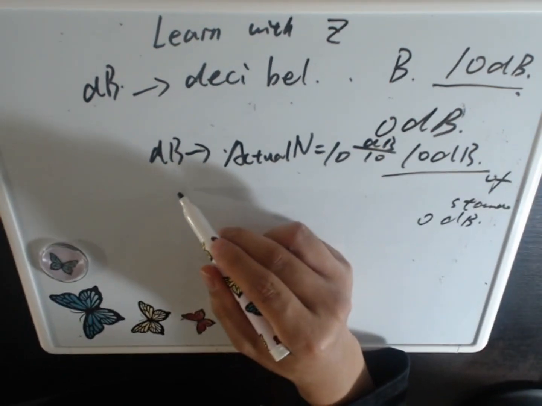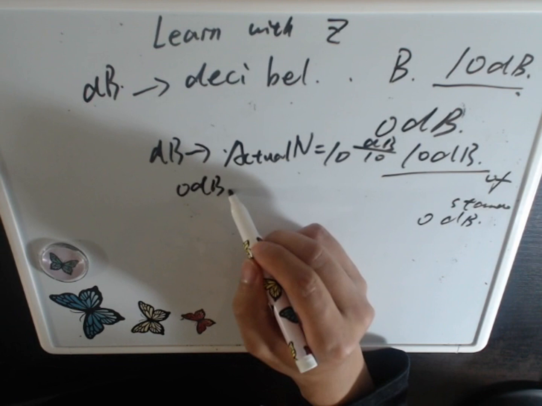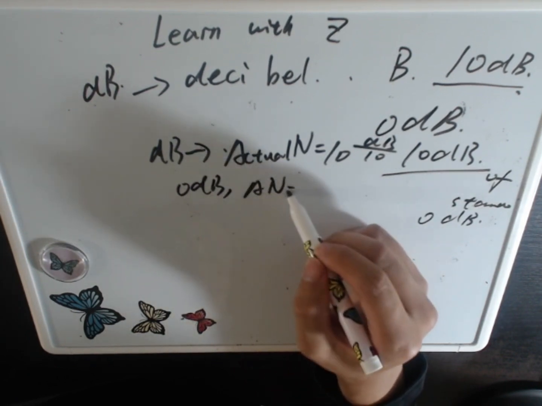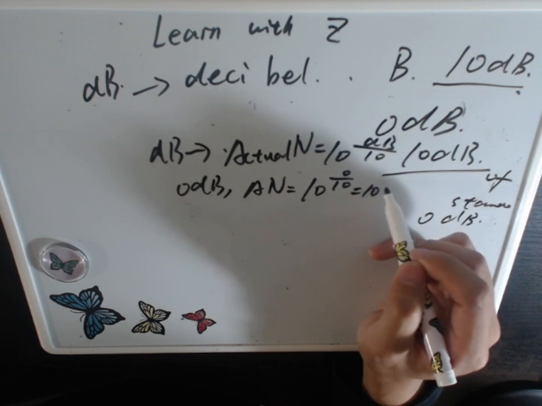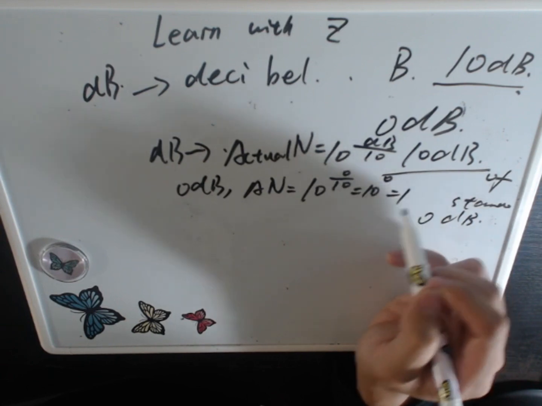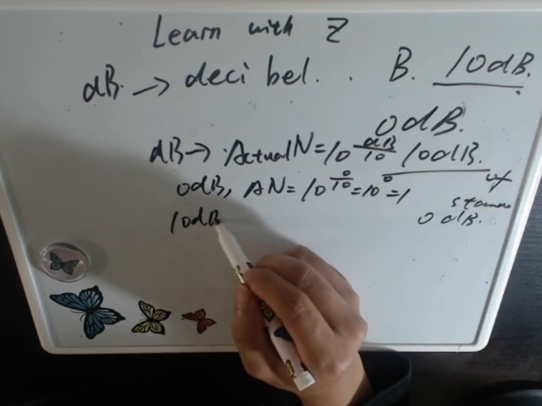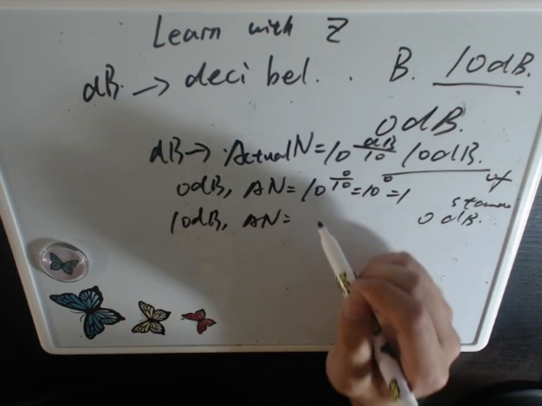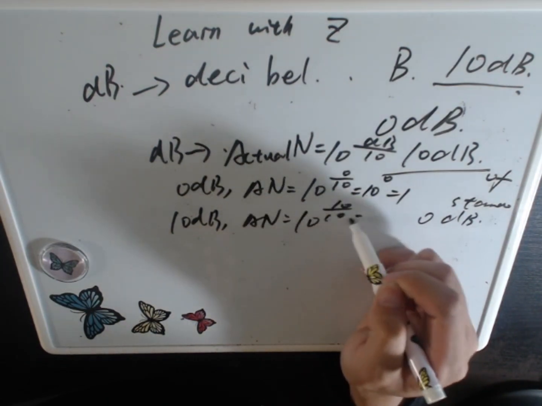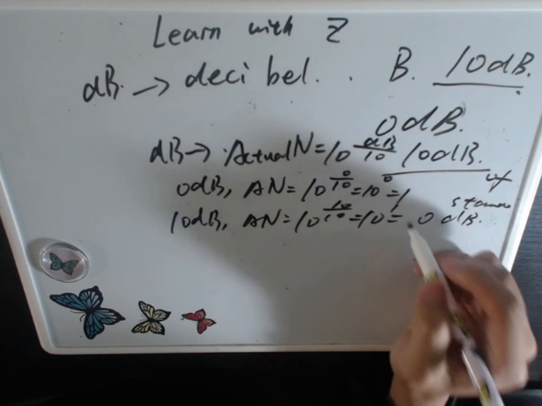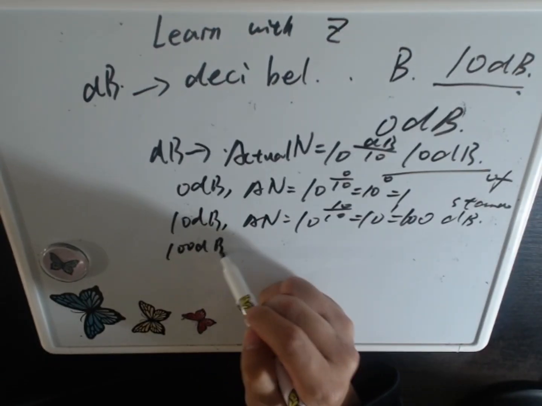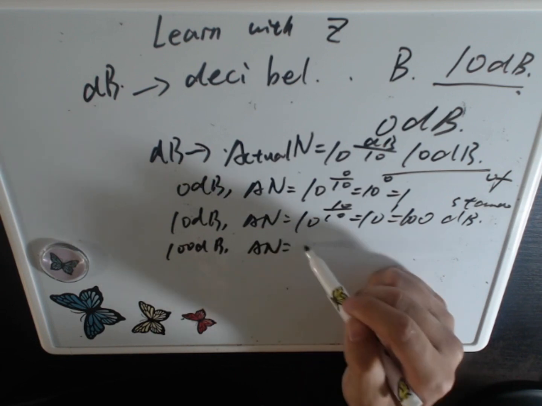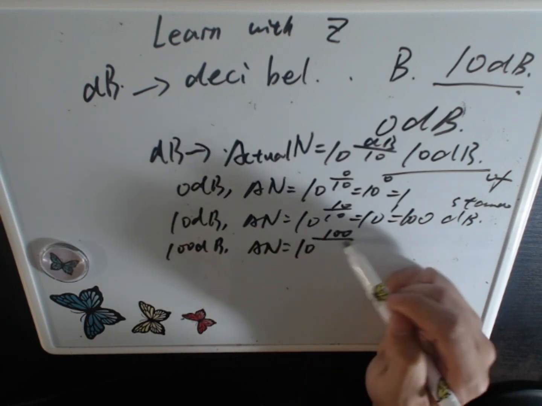So when we have 0 dB, the actual number is 10 to the 0 divided by 10, equal to 1. When we say 10 dB, the actual number is 10 to the 10 divided by 10, equal to 10. When we say 100 dB, it's 10 to the 100 divided by 10.